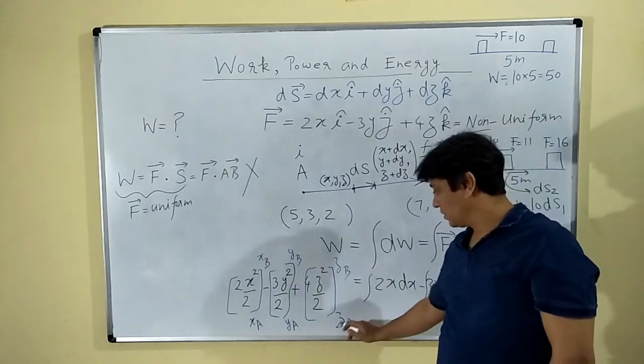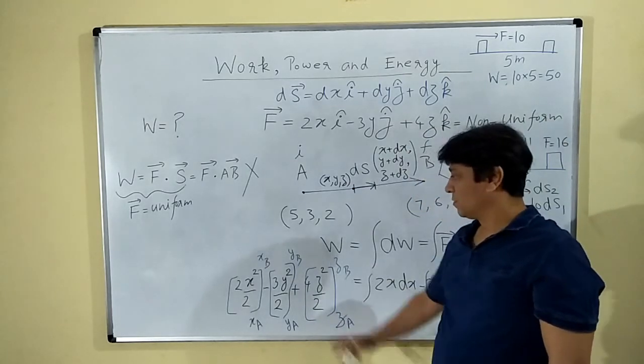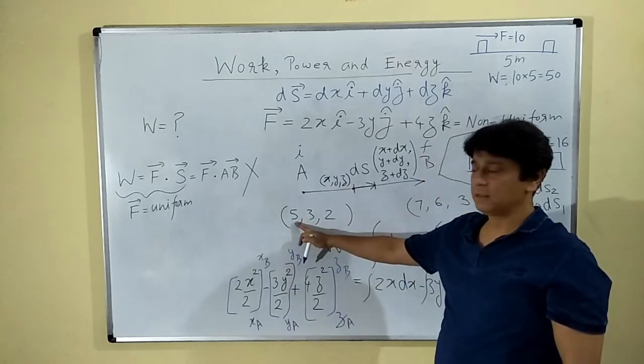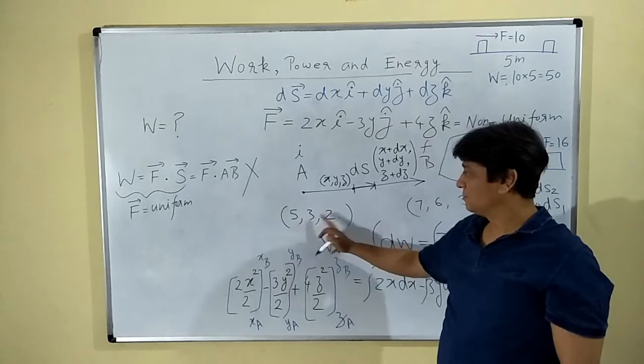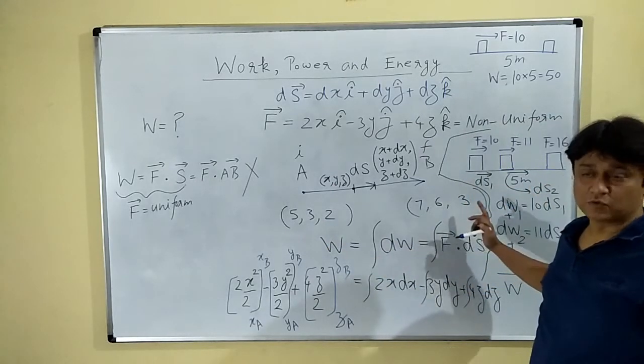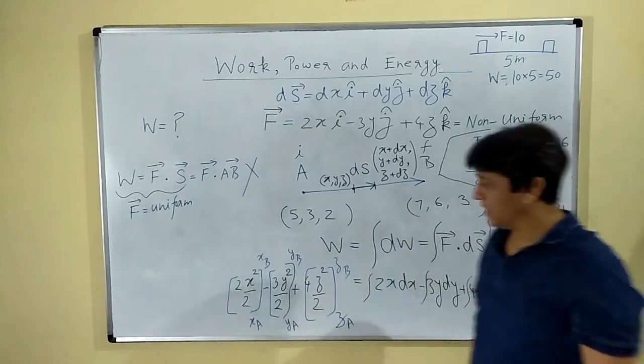Now XA, YA, ZA, XB, YB and ZB. We have all these coordinates.